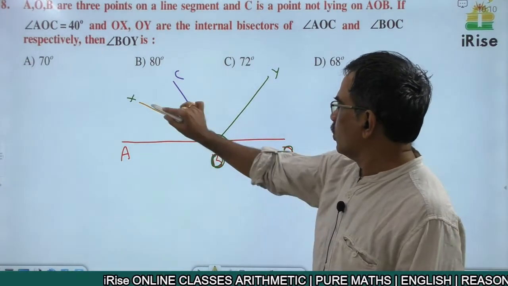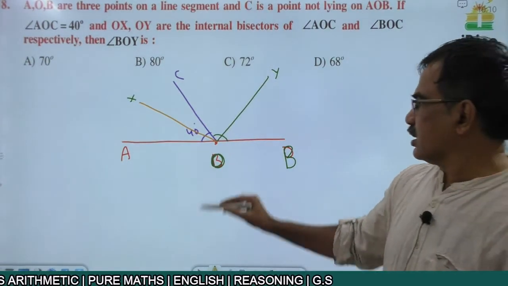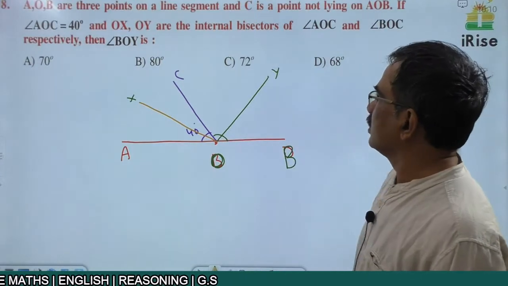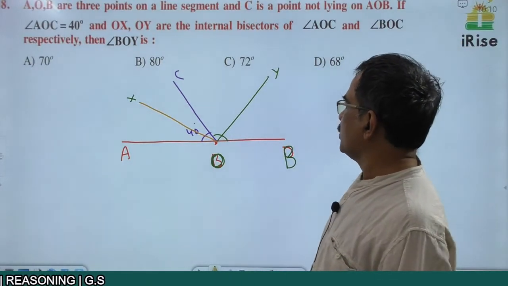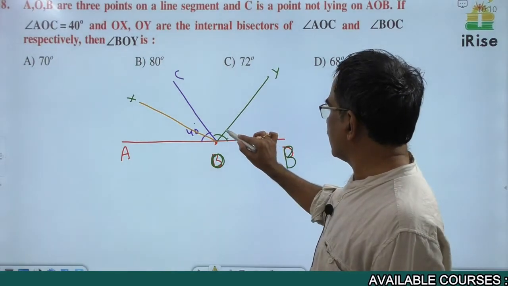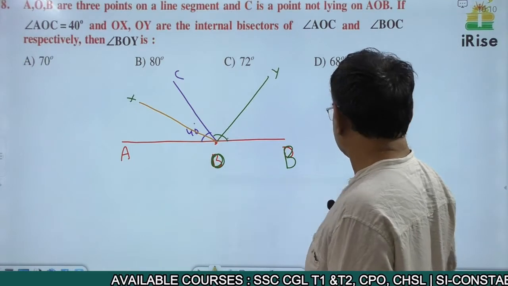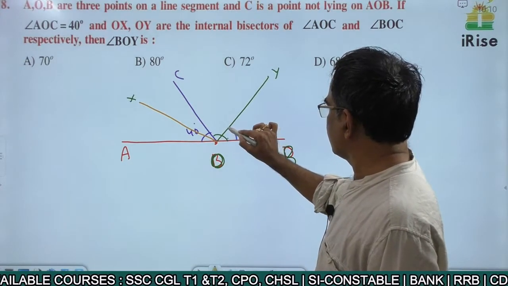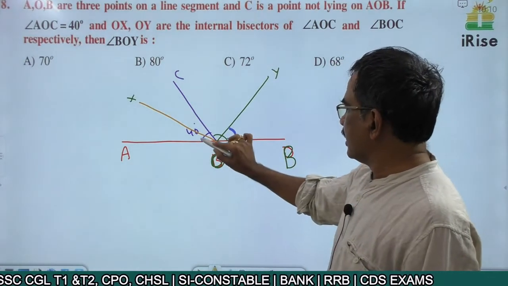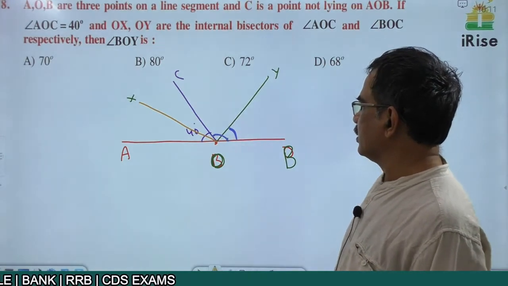So OX and OY are the internal bisectors of AOC and BOC. Then what is angle BOY? We have to find this angle. Here this angle is 40. Therefore this total angle is 140.